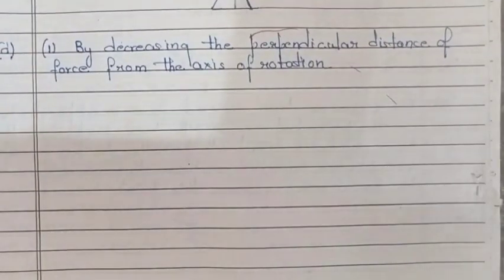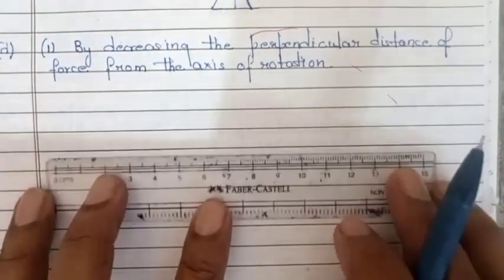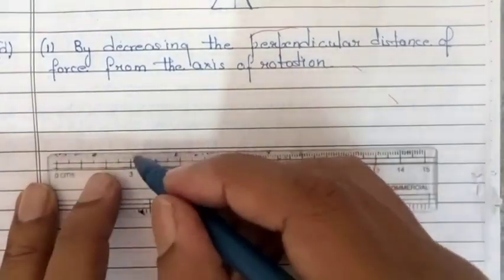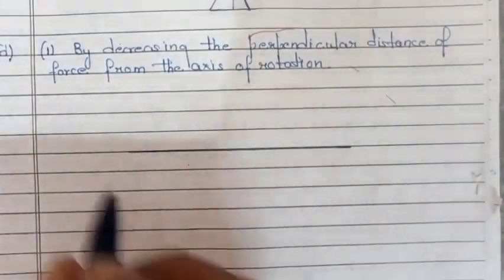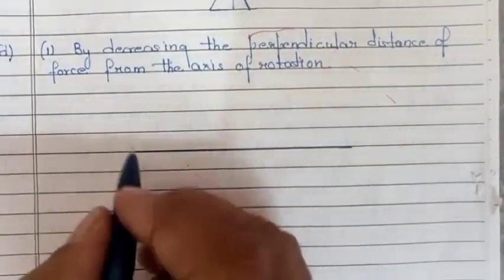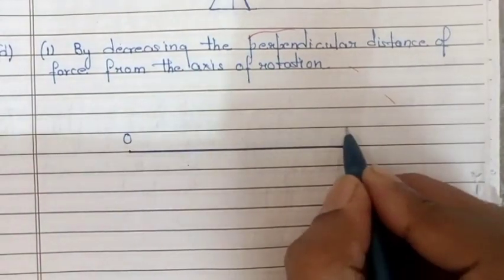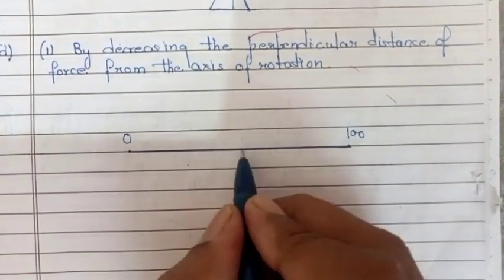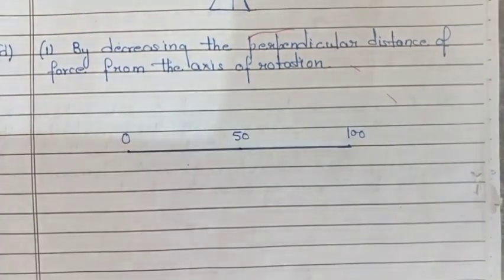First of all, according to the question, it is a meter rule. So whenever we draw a meter rule, we will take a line. This is a meter rule which will be of 100 centimeters. So you can mark 0 of it here. The other end can be marked as 100 and the mid of this scale can be marked as 50.